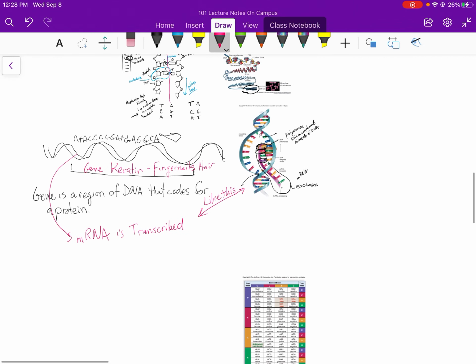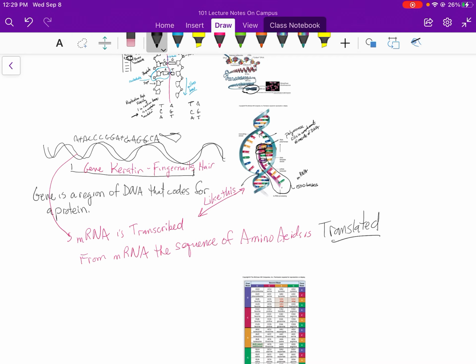And then from messenger RNA, the sequence of amino acids is what we call translated, at the ribosome.